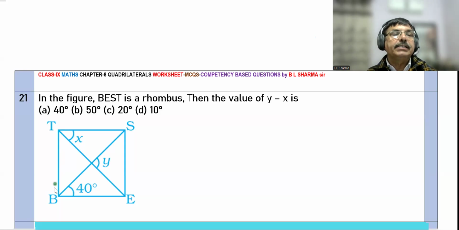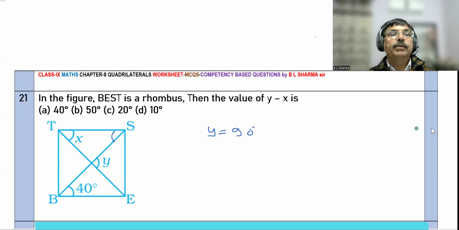In the figure BEST, it is a rhombus, and what is the value of y minus x, meaning this angle and this angle. We know the diagonals of a rhombus bisect at 90 degrees. So this angle y will be 90 degrees. This angle is 40 degrees, and opposite sides are parallel.